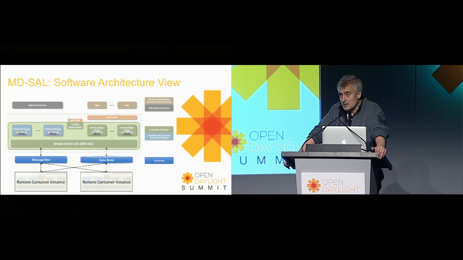One is a message bus that will be routing RPCs and notifications, and the other is a shared data store where the data and different portions of the tree can be stored and shared between different instances.